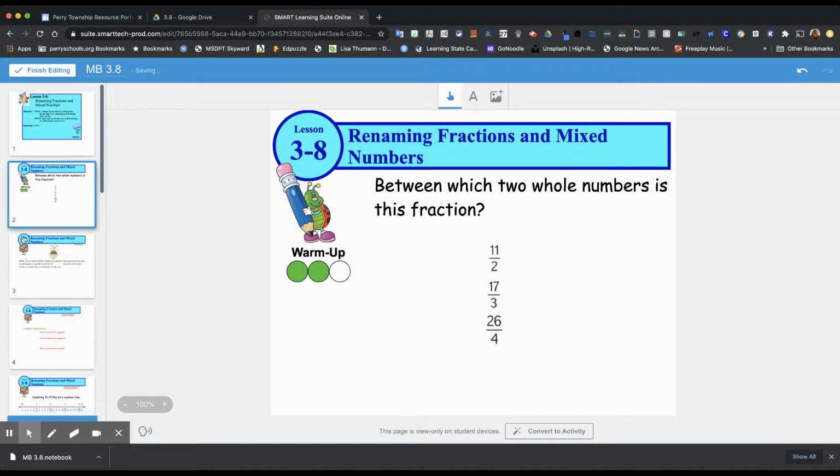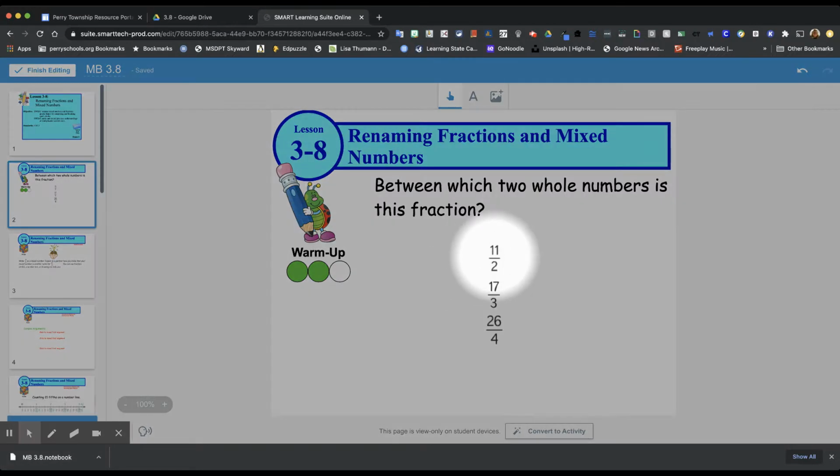So let's focus on the first one, and we're going to look at 11 halves. I want you to think, between which two whole numbers would this fraction be on a number line? We have 11 halves. And think also about how a fraction is like a division problem.